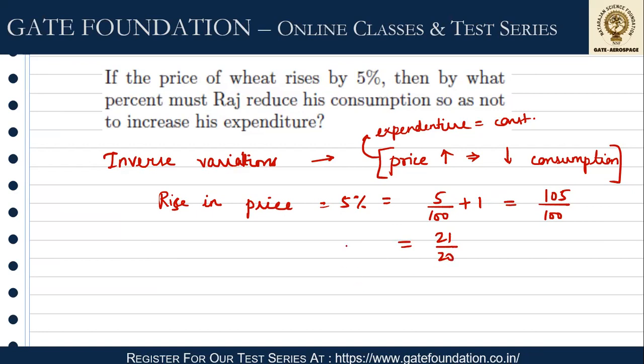This is the rise in price. Now the consumption has to be reduced. So the reduction in consumption will be the inverse of this, that is 20 by 21. And if you calculate it as a percentage, you can simply multiply it by 100 to get the final answer.